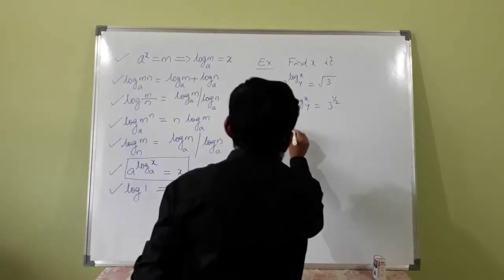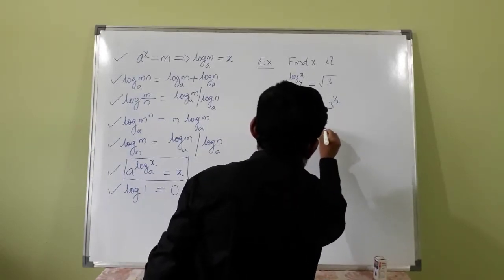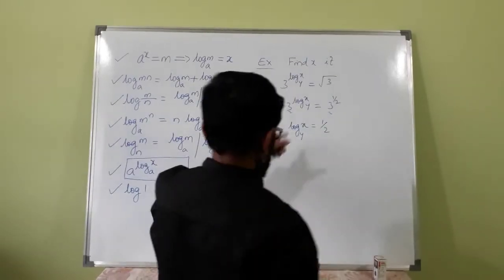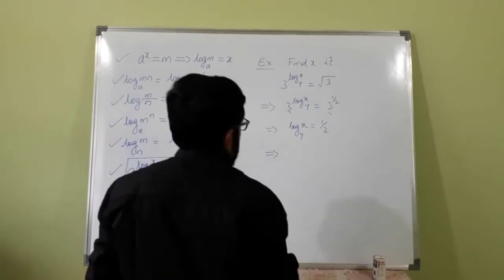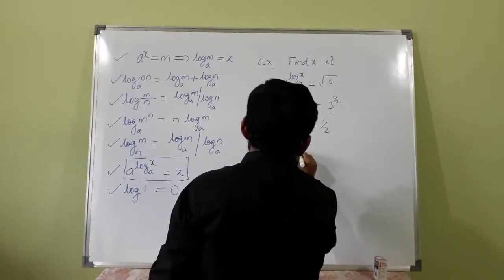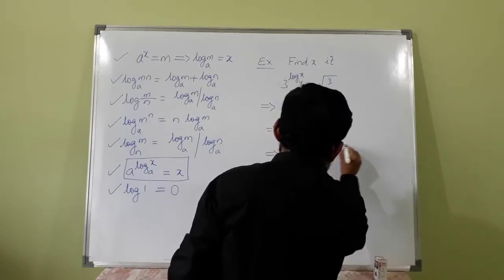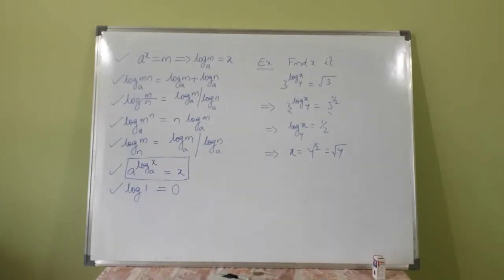That is, log x to the base y is equal to half, since bases are same, you can equate the indices. This implies x is equal to y to the power half, or root y, or x square is equal to y is the required answer.